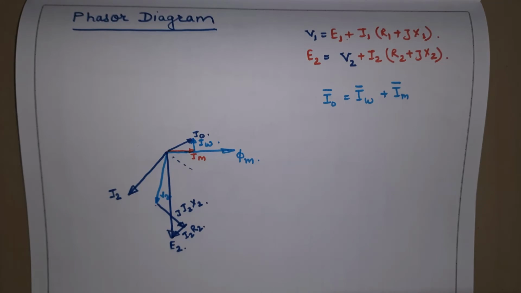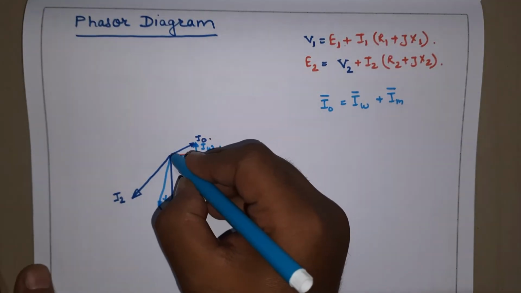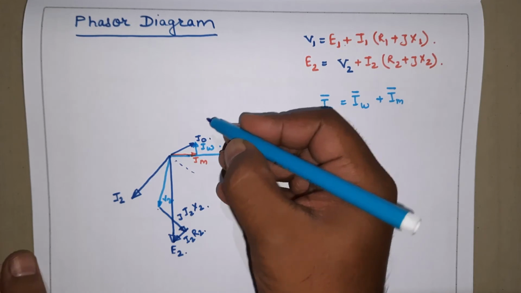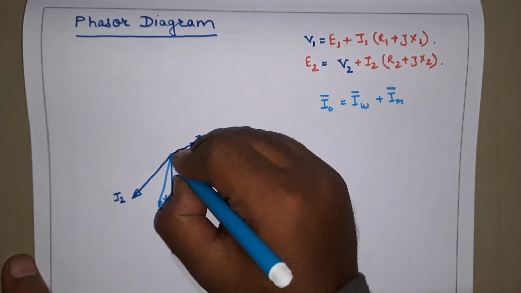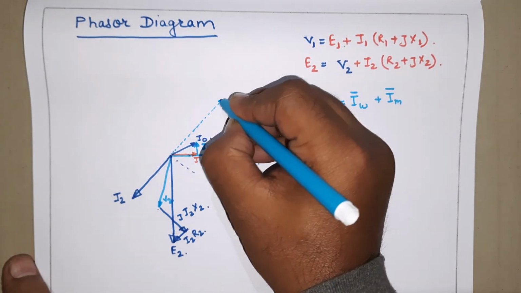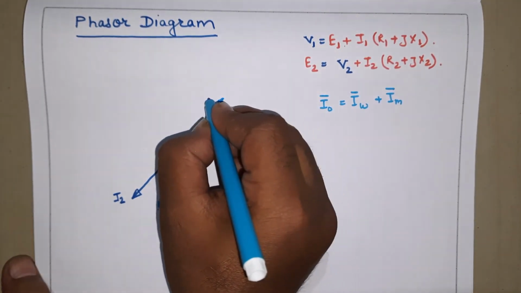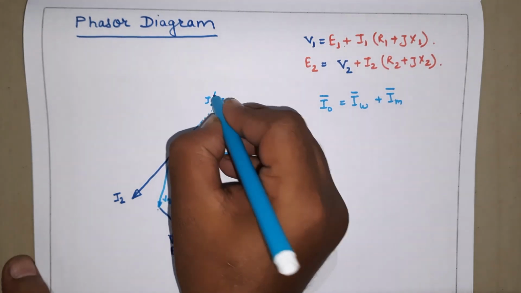Now a few values of the secondary side we will refer to the primary side. So first of all, if we refer I2 dash to the primary side, it will come over here, that is I2 dash.